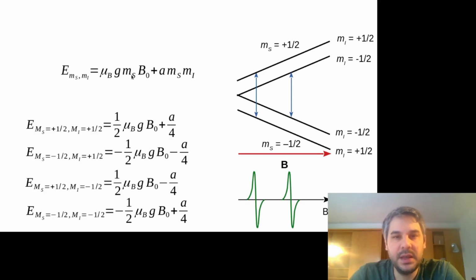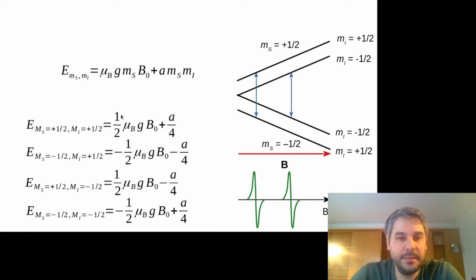For ms equals minus 1/2, we have the minus 1/2 in front of the mu b times g times b0 term that goes into the second and fourth energy levels. And then we have the two possibilities for mi. So basically, if we multiply 1/2 times 1/2, we get plus 1/4, and this multiplies a. And if we multiply plus 1/2 times minus 1/2, we get minus 1/4. So these are the 4 possibilities.